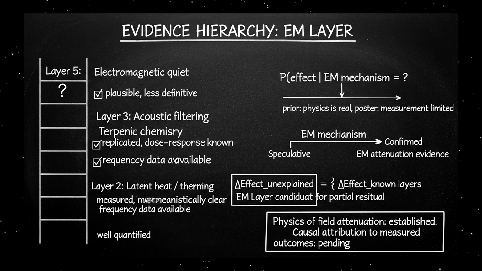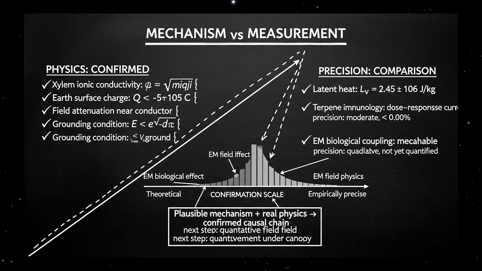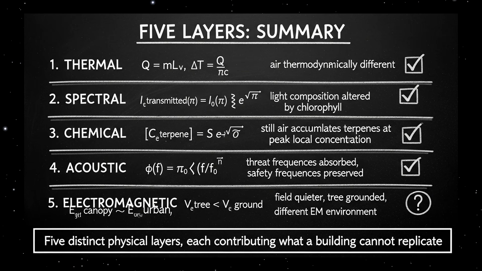The evidence is less definitive here than for the other 4 layers. The mechanism is plausible rather than confirmed to the precision of latent heat measurement or terpene immunology. But the physics is real. The field is quieter, the tree is grounded, and the body's electrical systems are operating in a different electromagnetic environment beneath the canopy than beside the building.